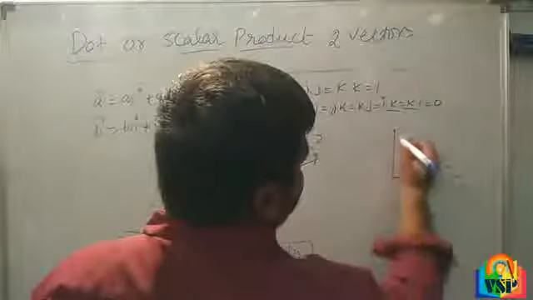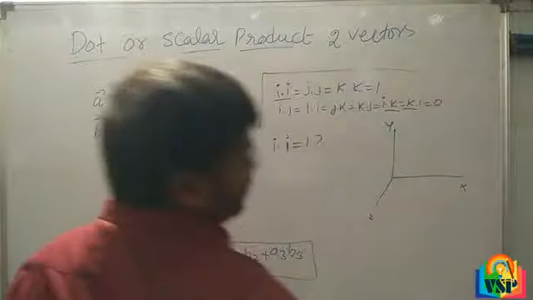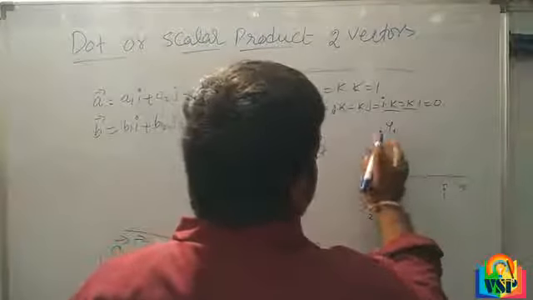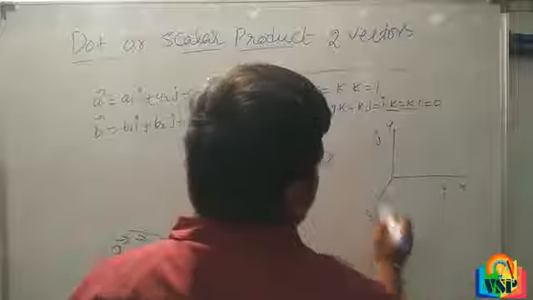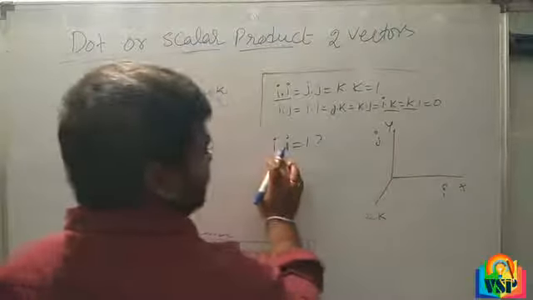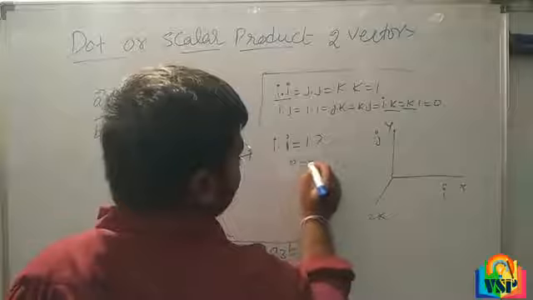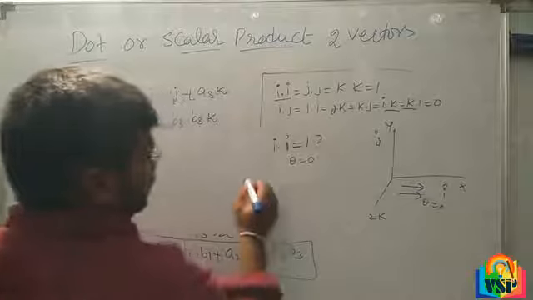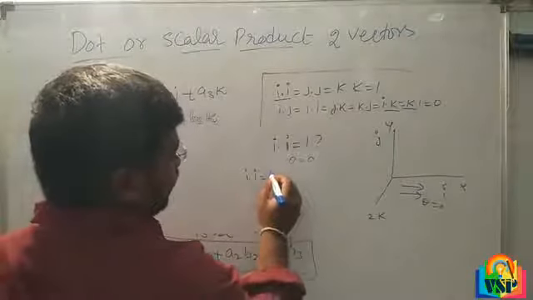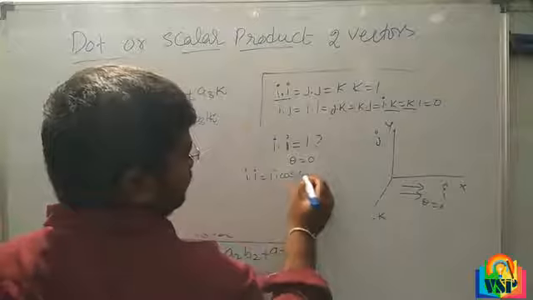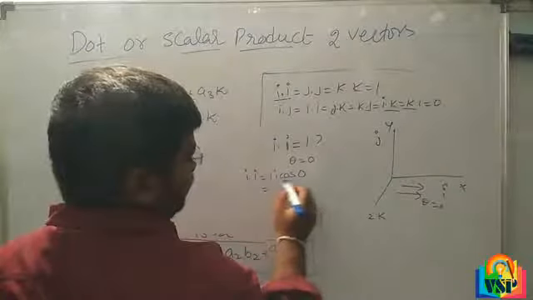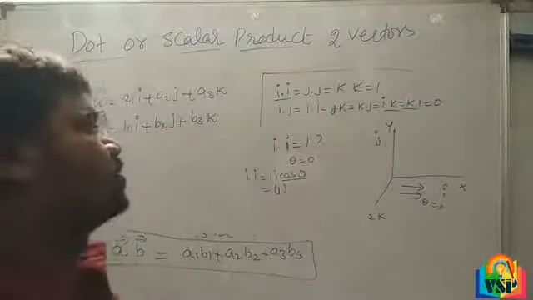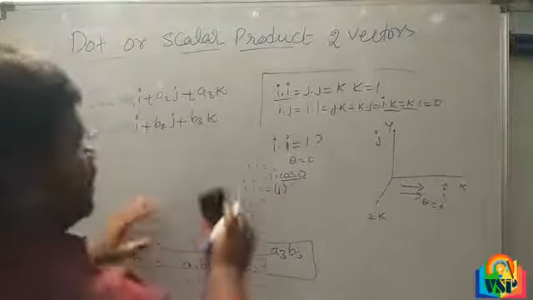We know the x, y, z axes. Here i cap, j cap, k cap. Here i dot i means the angle is 0. I and i angle 0. So i dot i is equal to cos 0, and cos 0 is 1. That's why we get 1.